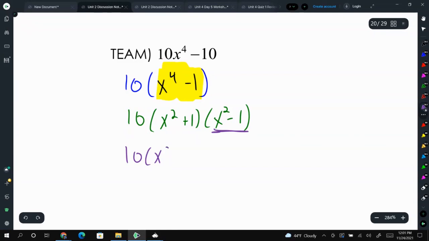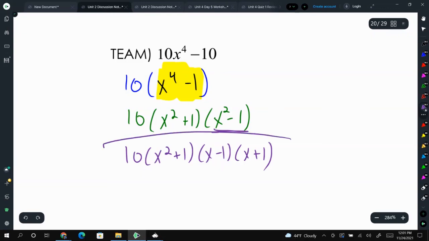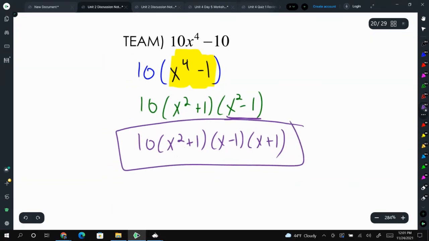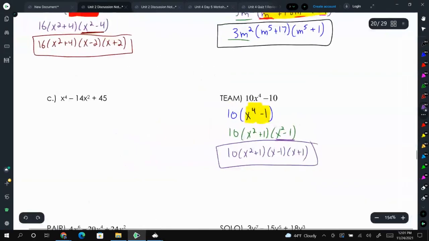This is also a difference of squares. So this would be our final answer. So really knowing the difference of squares pattern, that shortcut, makes life a heck of a lot easier here.